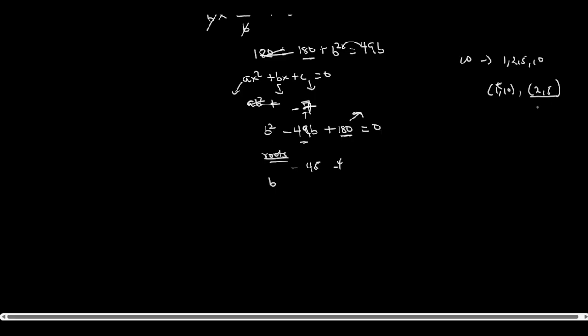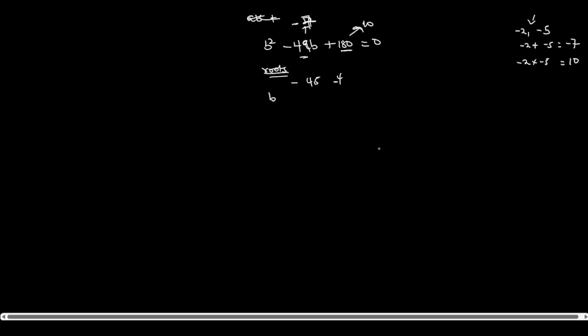But with 2 and 5, I can take minus 2 and minus 5, so that when I add minus 2 plus minus 5, I get minus 7, and when I multiply minus 2 times negative 5, I get positive 10. Don't worry, I will do a separate video. But for now, we are coming from junior high school, so we must know how to do that. Let me move on.